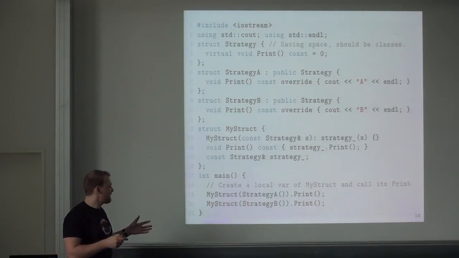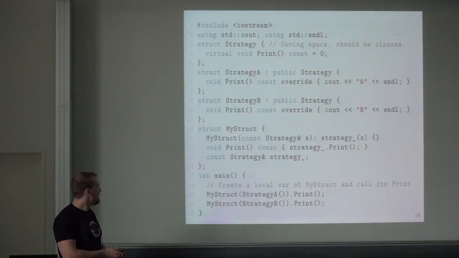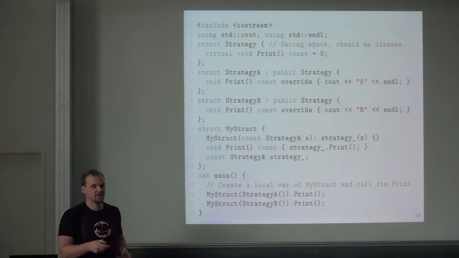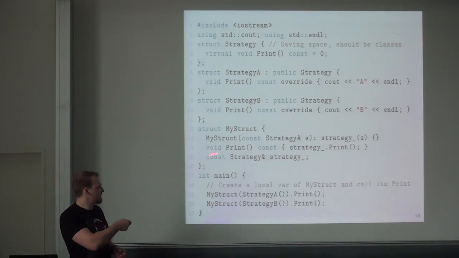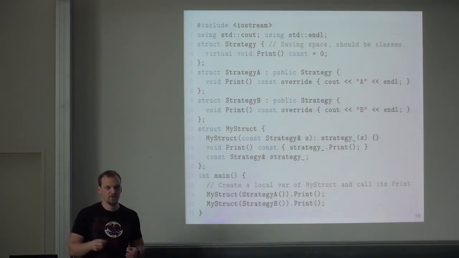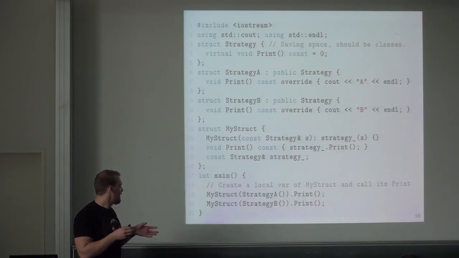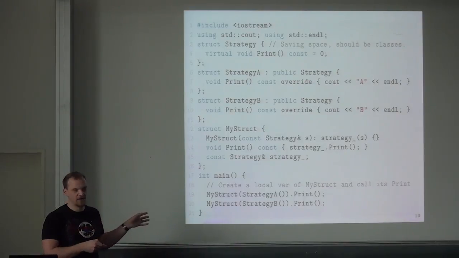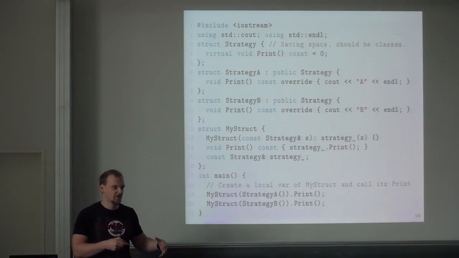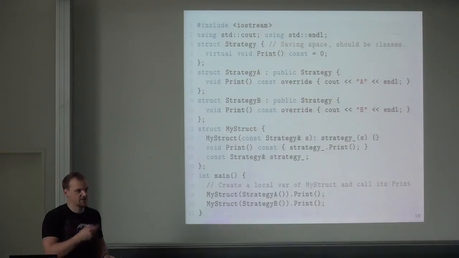The strategy is one of the patterns of designing your software. It's a very powerful one. A lot of people use it. The idea is that we have some structure, and it's not important what it is at this point. We want to store a const reference of a strategy in our structure. Why would we want to do that? Because we want to have an instance of our structure that has one behavior and then another instance of it that has another behavior, and we don't want to change any code in this class myStruct.